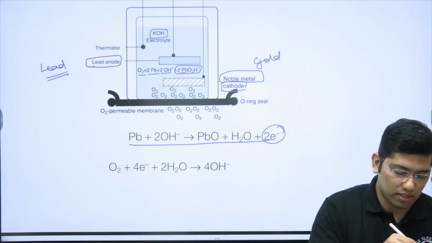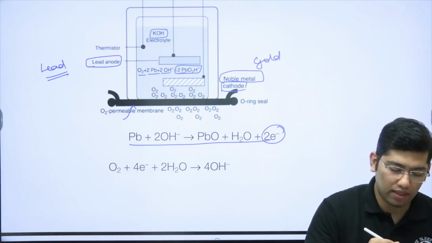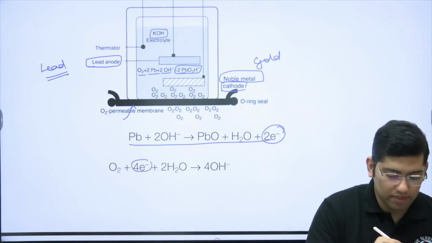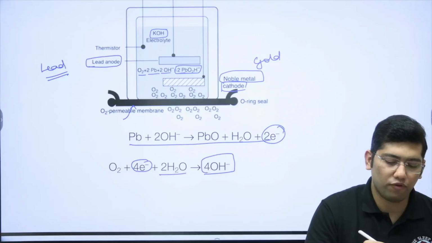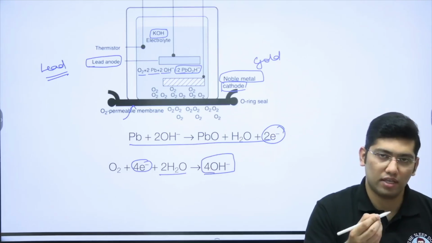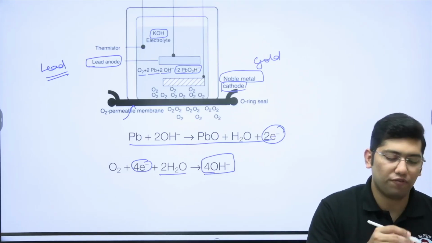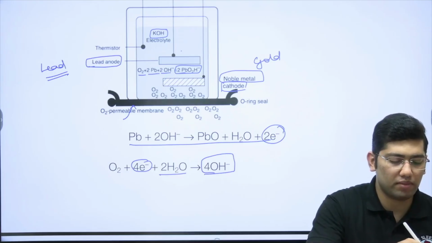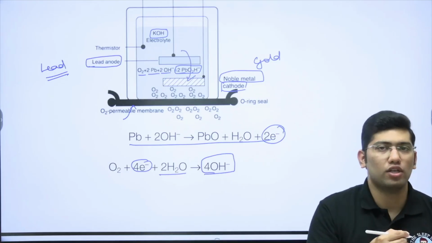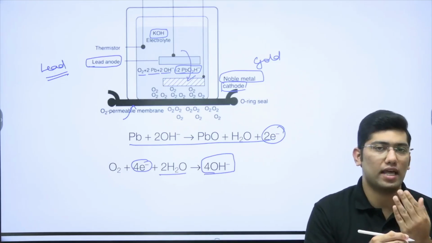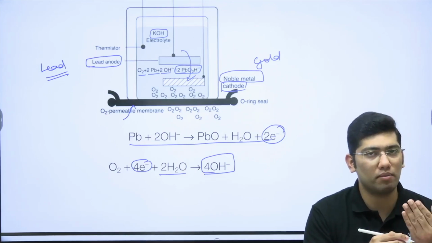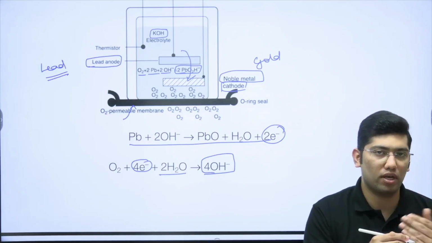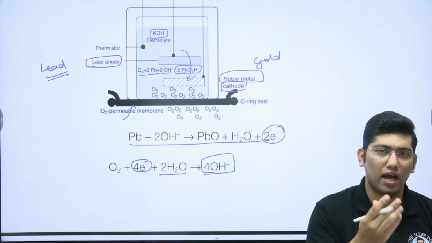Now, when oxygen passes through this oxygen permeable membrane, it goes to the cathode, accepts these 4 electrons along with water to form 4 hydroxyl ions. Same way, there is a shift of electrons from the anode to the cathode. So that flow of electrons is directly proportional to the number of oxygen molecules. So the more oxygen molecules, the higher the reading would be.